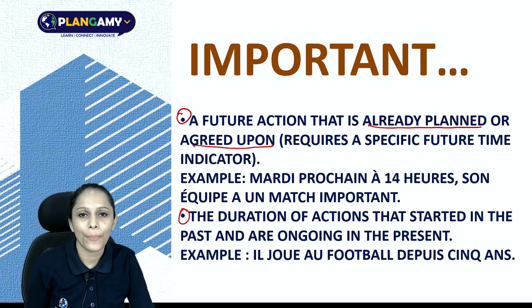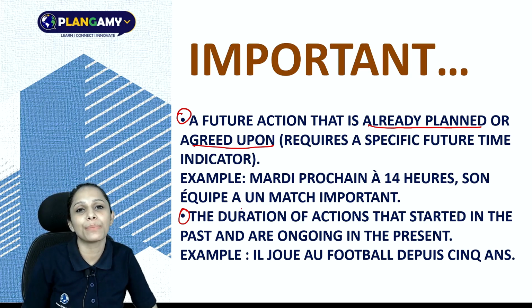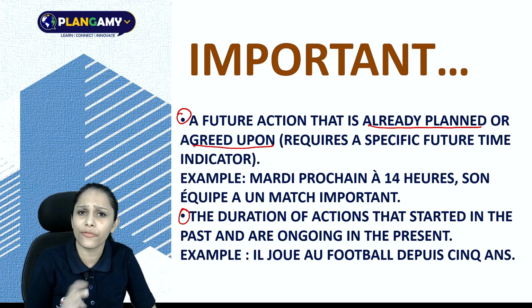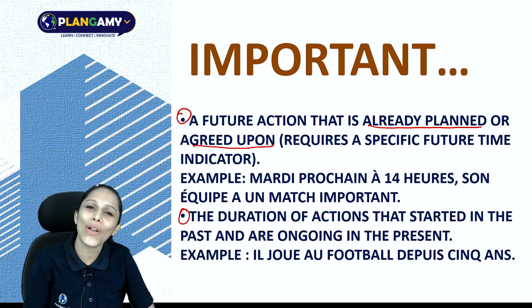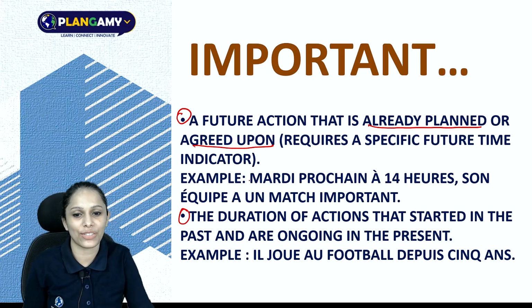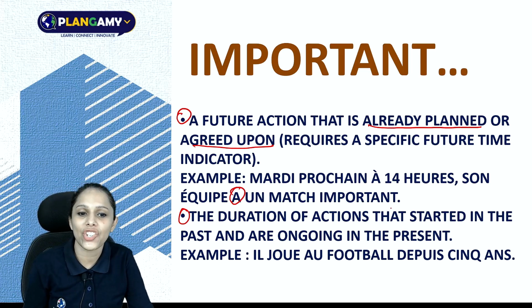So it means the coming Tuesday at 2 p.m. his team has a very important match. Did you see how this action is a future action, but it is already planned and they have used present tense here? So this is un match important.